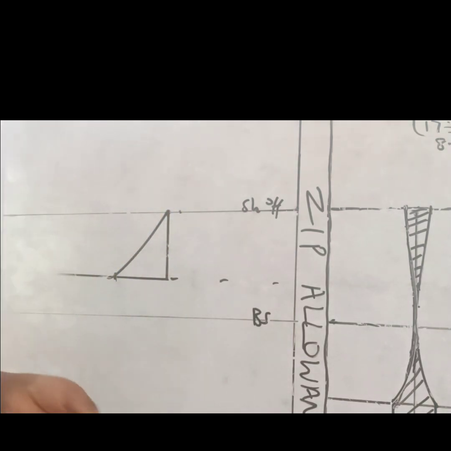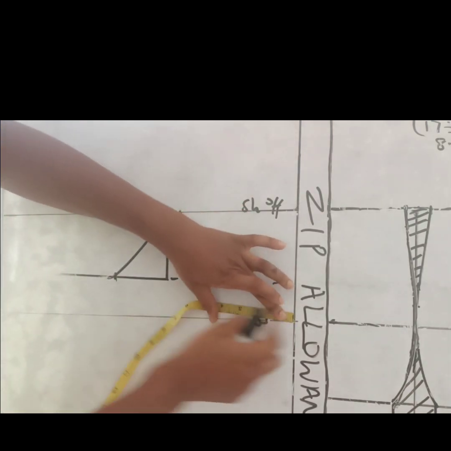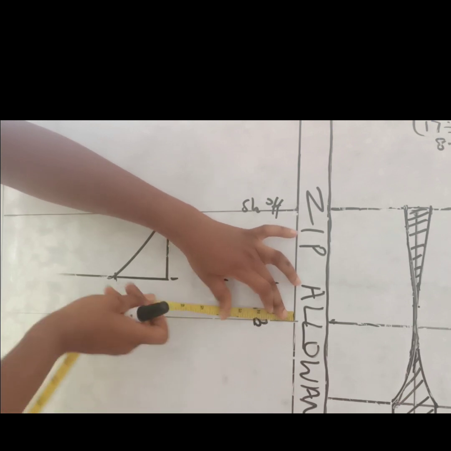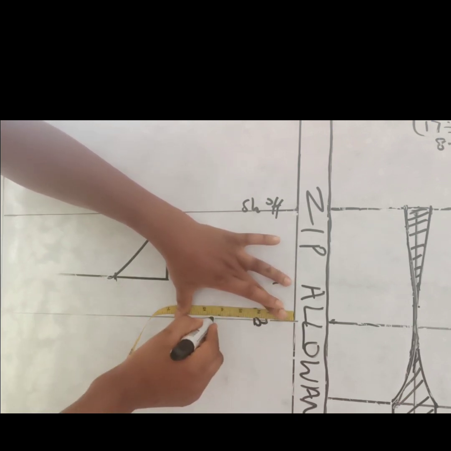The next thing I'm going to impute is our dart. We have taken a dart of 4.5. We got that by dividing the bust span by 2. Bust span is 8. 8 divided by 2, 4. And then we added 0.5 inch sewing allowance. So from here, not from here, after the zipper, we mark 4.5 on the bust line.